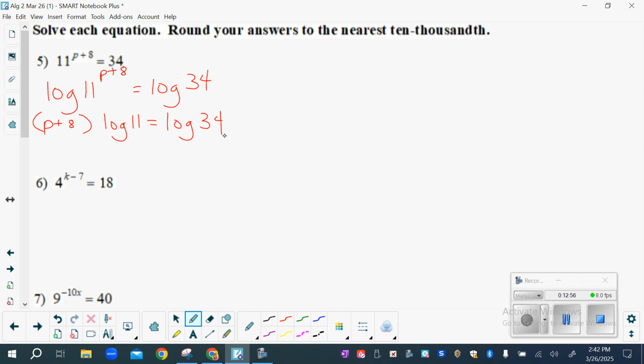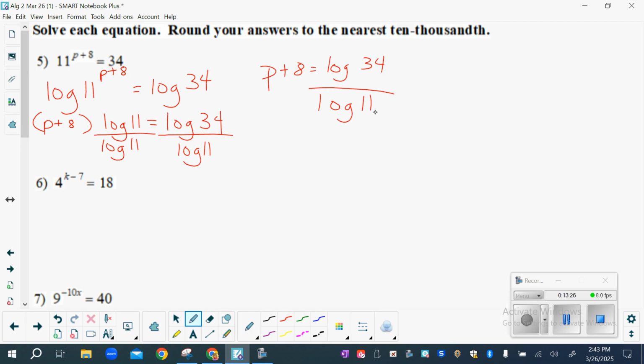Divide by log 11. That's right. So I'm going to divide by log 11, and then I get p plus 8 equals log 34 divided by log 11. So we could leave the decimal down if we want, or we can go ahead and do our next step. You can't just leave it like that. So now what would our next step be?